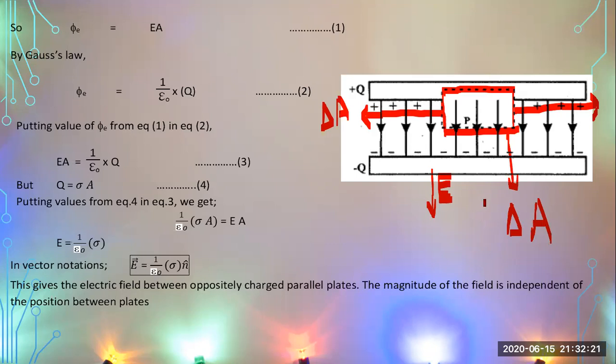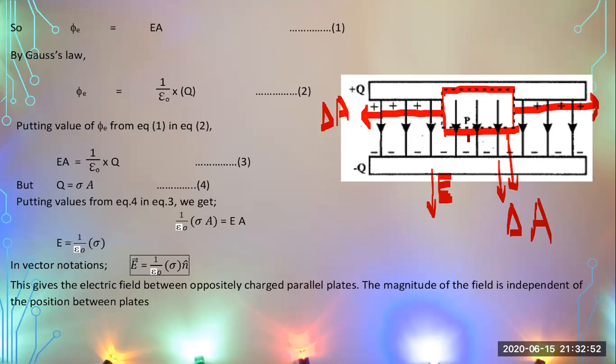This one is A, and this one is basically E. On this face, this one is E and the other one is A. Electric intensity and area are both along the same direction. The portion of the area which you are considering of this closed surface, that is del A, and the electric lines of forces have this direction. If you find the angle between the two, the angle is zero.